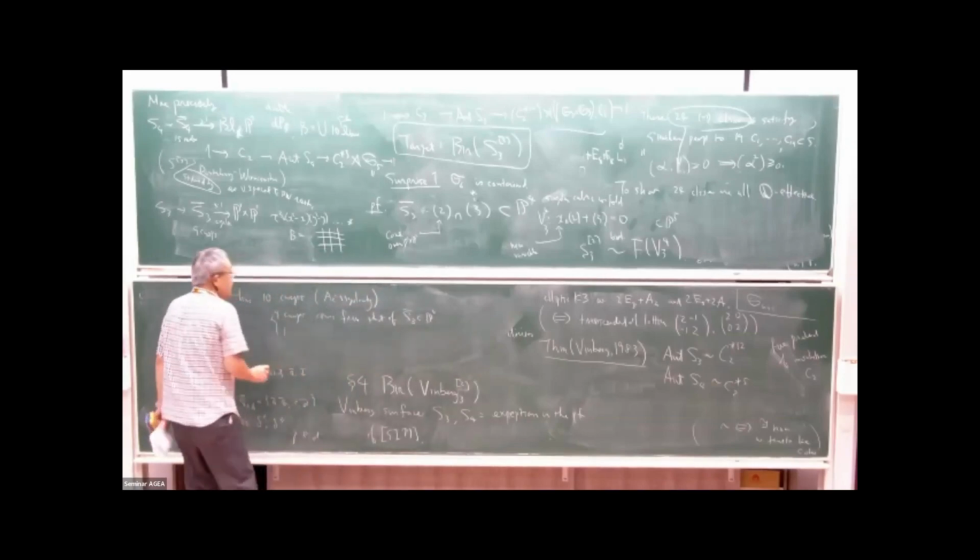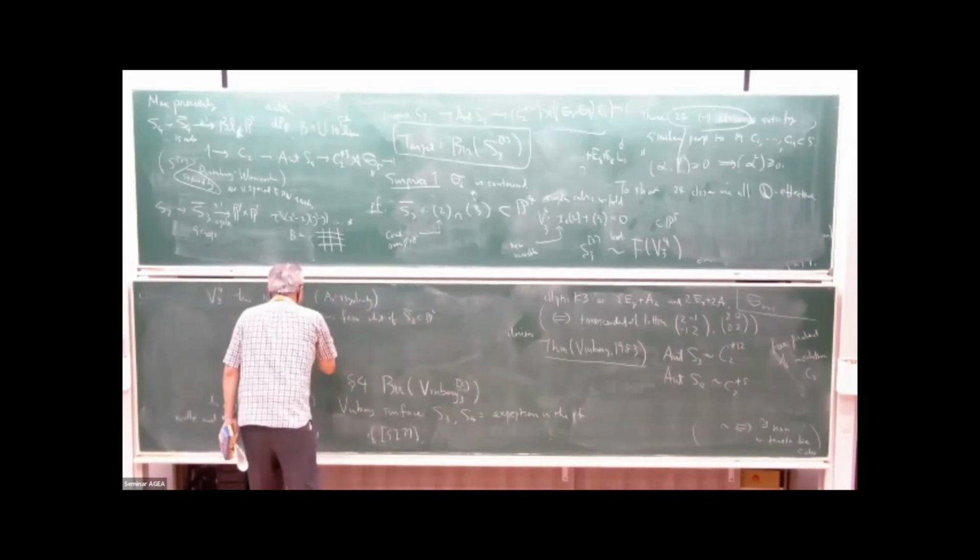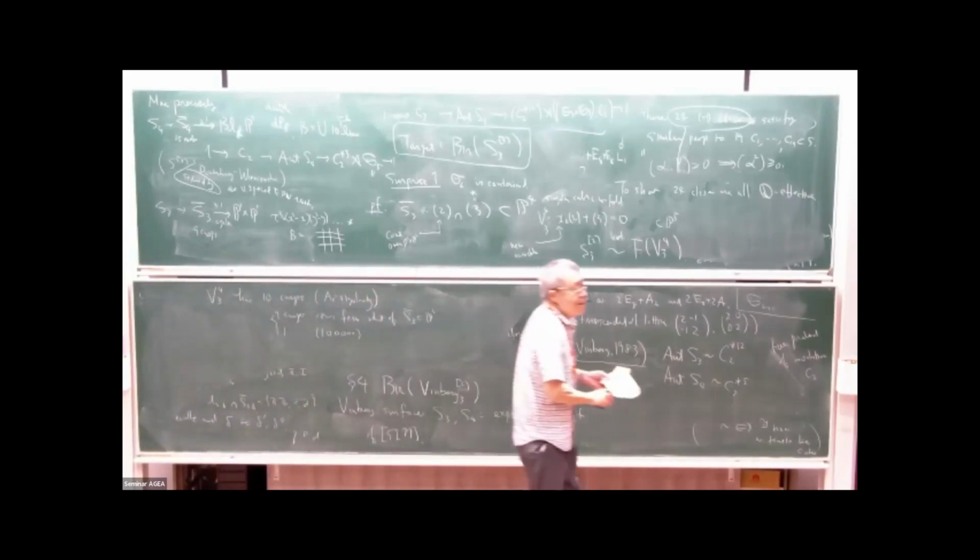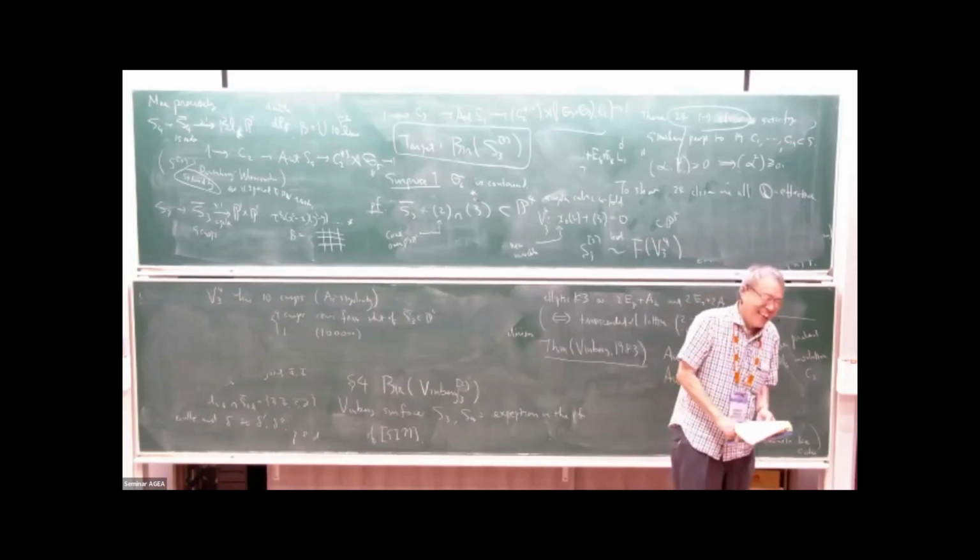And one is this one, 1, 0, 0, 0, 0, 0. A small number of cusps. Yes, that's what I want to say.